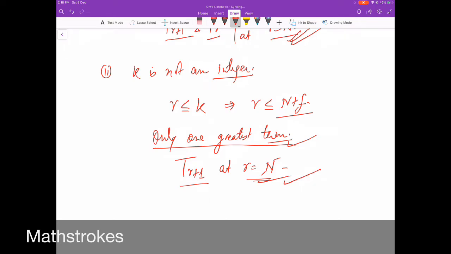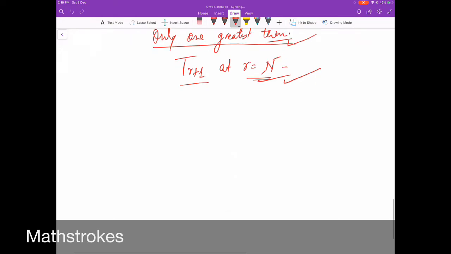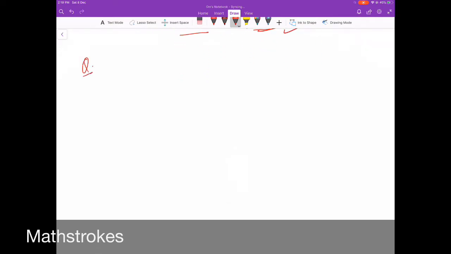Fine. Okay, so now let us take an example to make our understanding more clear and firm. Suppose I am asked to find the greatest term in the expansion of (2 + 3x)^9 at x is equal to 3 by 2.